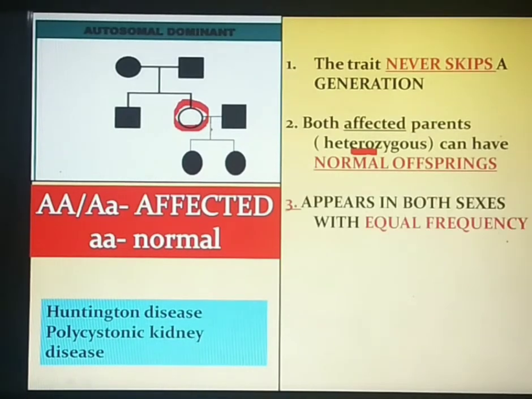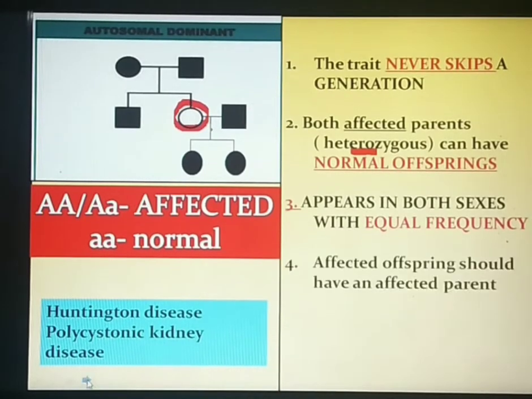Third, there is equal frequency wherein both sexes can have this disease. It is not that more of the males will have the disease and fewer of the females. So there is equal frequency here. Next, an affected offspring should have an affected parent.